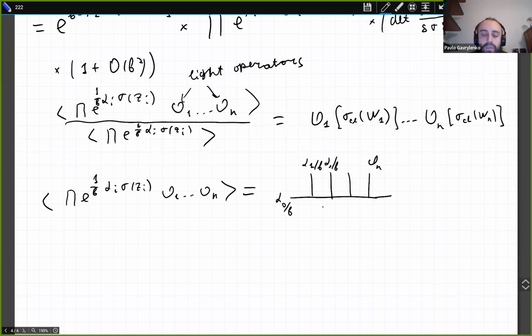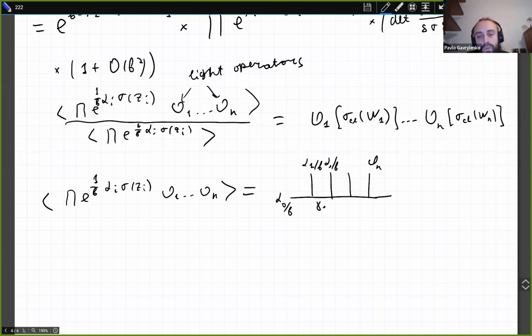And here we have some intermediate dimensions, which we can say are intermediate charges. We can say that they are also big, because an object in general position will be big. 1 over b is the natural scale for these charges.